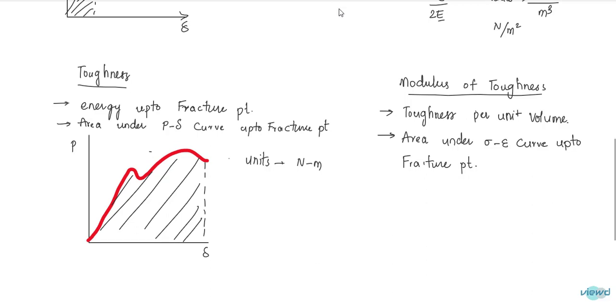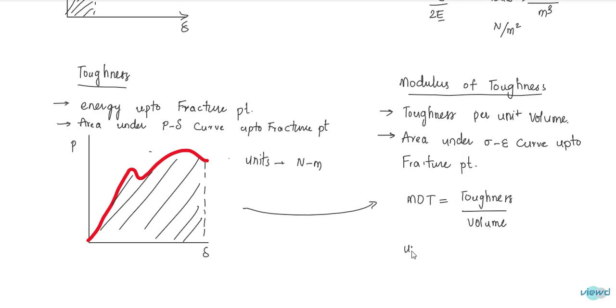No need to draw this diagram again. Modulus of toughness, I am writing it MOT, is equal to toughness by volume of the material. So this gives us the modulus of toughness.